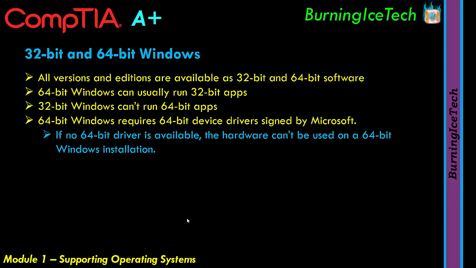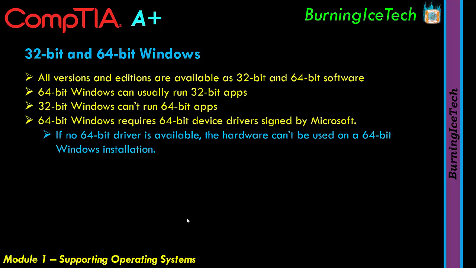If you want to upgrade your Windows, you have to stay within the same architecture. So if you are, hypothetically speaking, running Windows 7 and you would like to upgrade to Windows 10, you need to stay in the same architecture. If I'm running Windows 7 32-bit, I can only upgrade to Windows 10 32-bit.